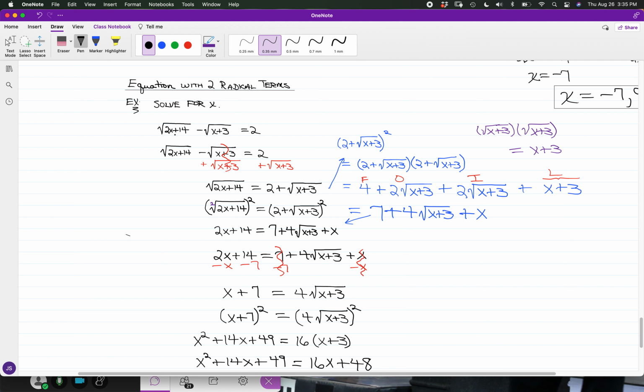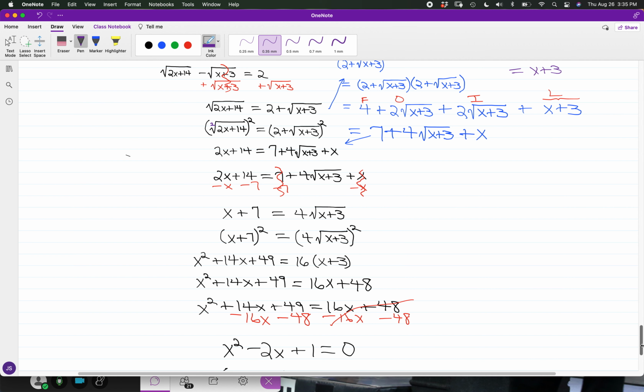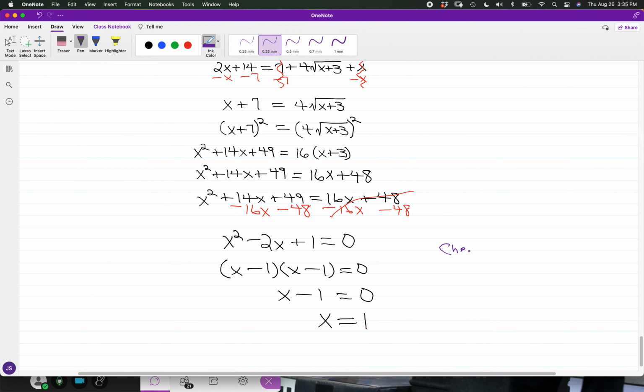So checking x equal to 1, if I plug in 1 for x, I've got the square root of 2 times 1 plus 14, minus the square root of 1 plus 3.